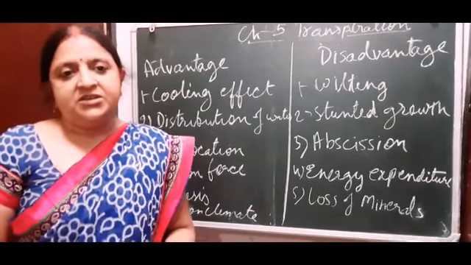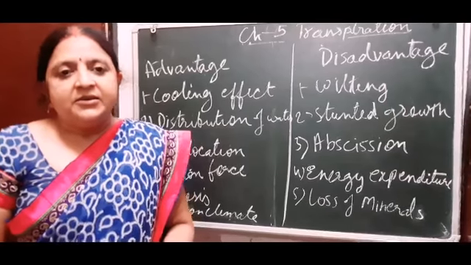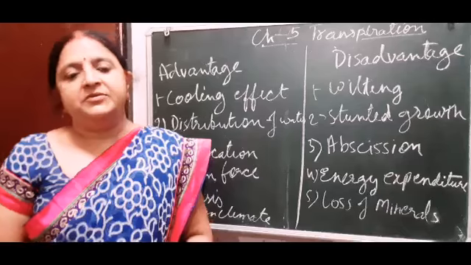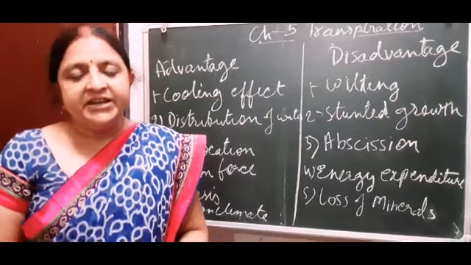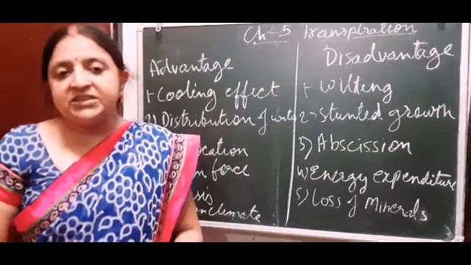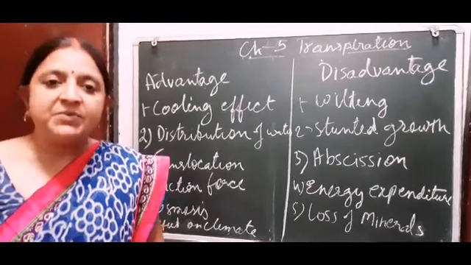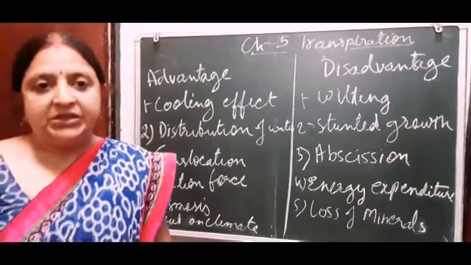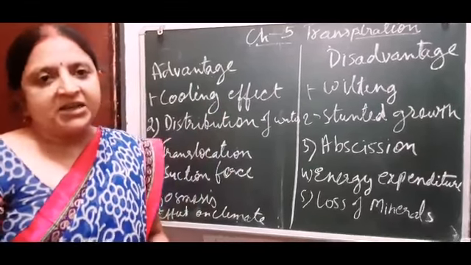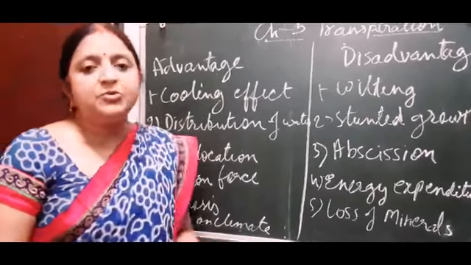In the very hot season, the plant body never becomes hot. It is because of transpiration, because it is a type of evaporation, and evaporation always causes cooling. Now this is the cooling effect of transpiration on the plant body. Now next is the distribution of water.